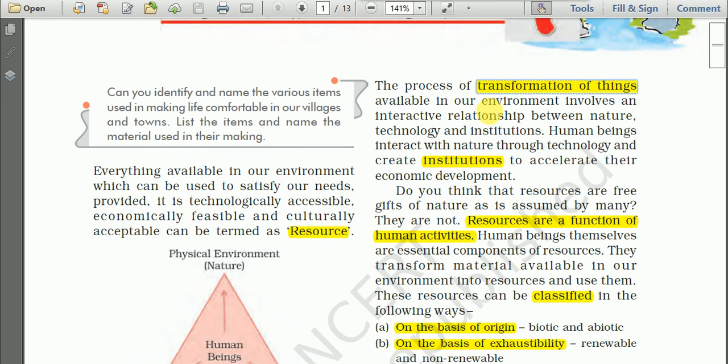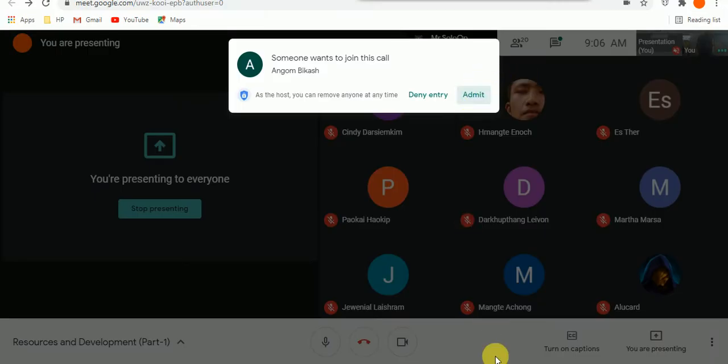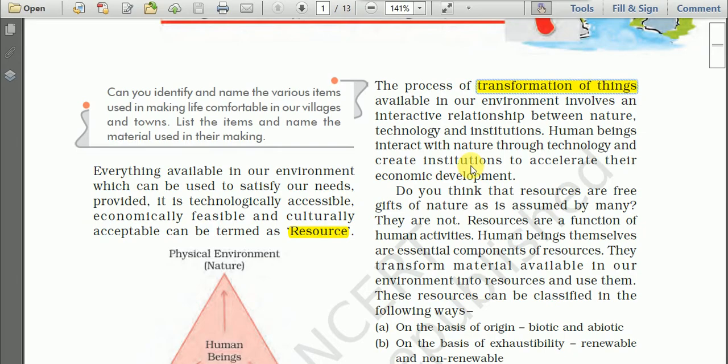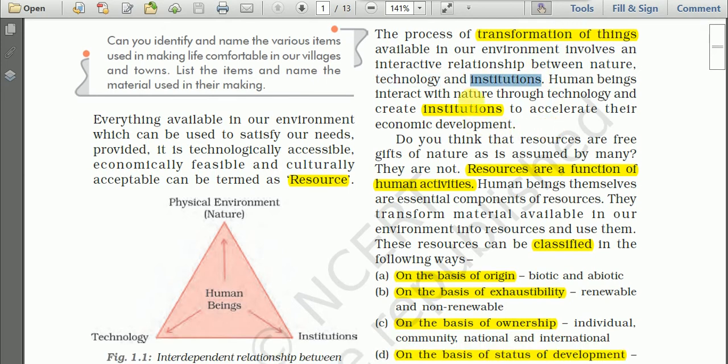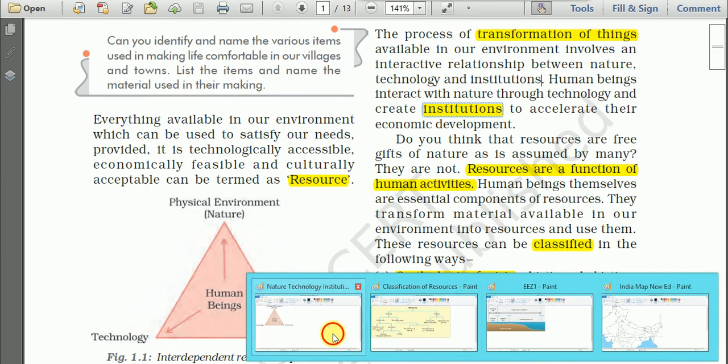As I told you, to utilize the resources we need technology, and we need institutions. So human beings interact with nature through technology and create institutions to accelerate their economic development. So this is the interpretation of this diagram.